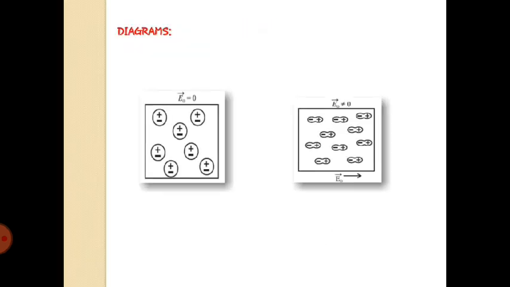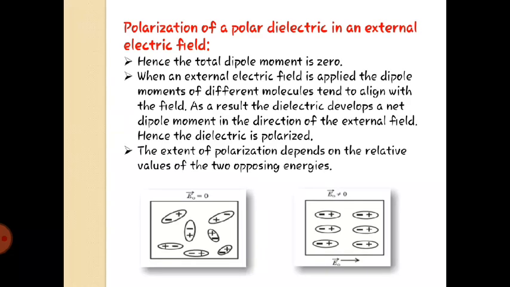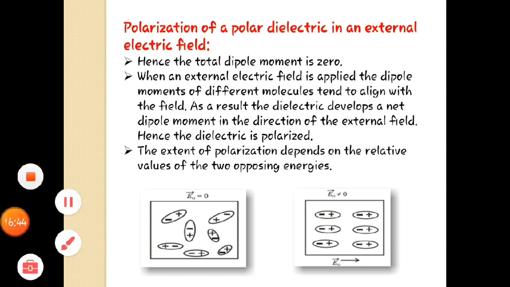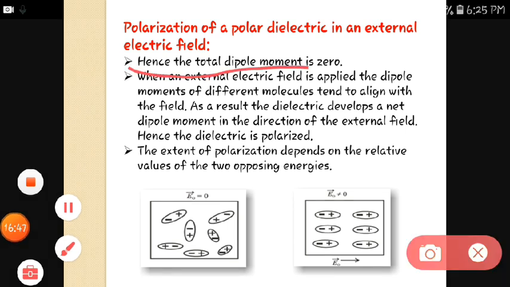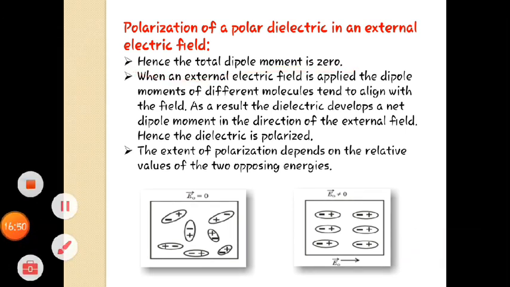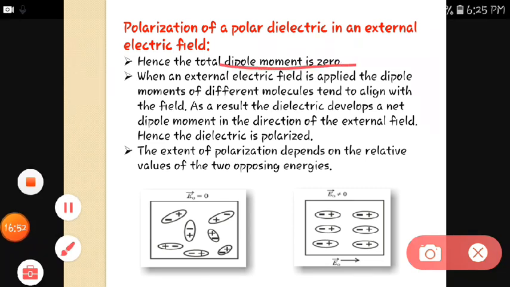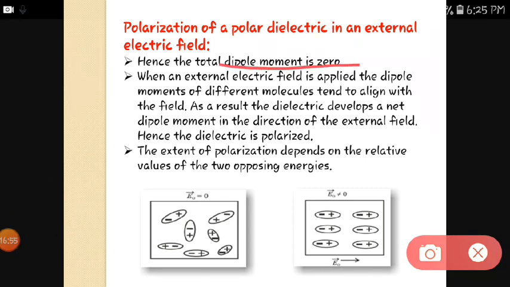You can see the previous diagram in which all are aligned, but here these are randomly oriented. As they are randomly moving, due to the orientation the dipole moments get cancelled and the total gets to 0. Why are we getting 0? Due to thermal agitation they get oriented in any direction, so we get the dipole moment as 0.